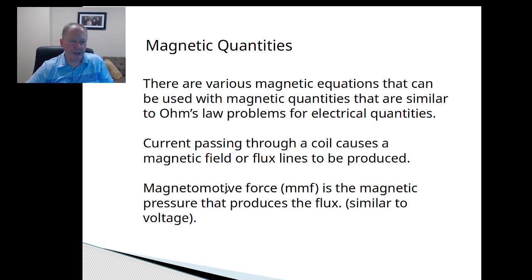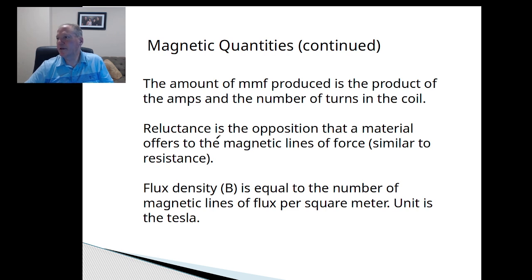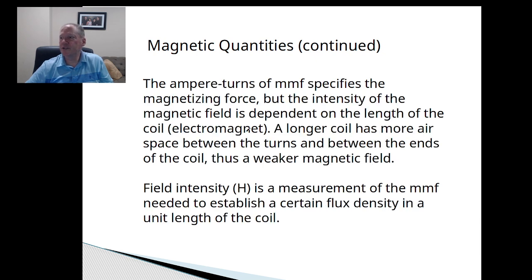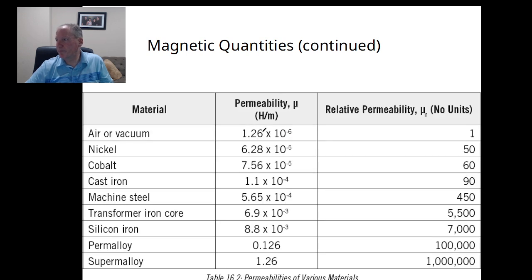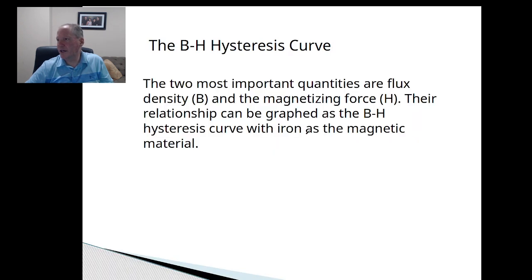That's the pressure that forces the flux to move. Reluctance is the opposition to the flow, which is like resistance, and so forth. So that's pretty much a look at magnetism in a nutshell.